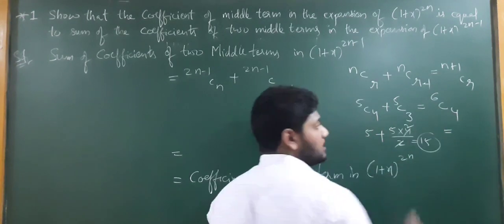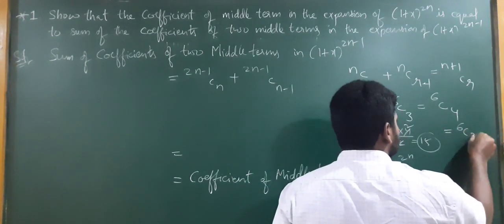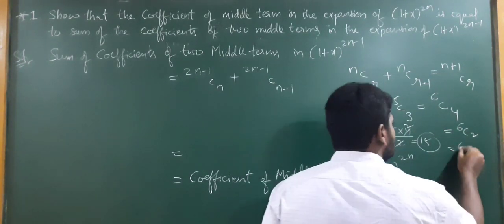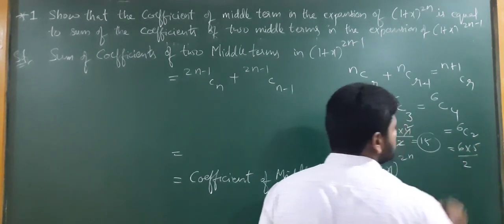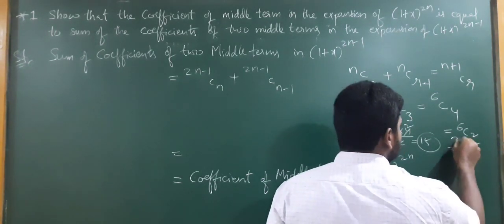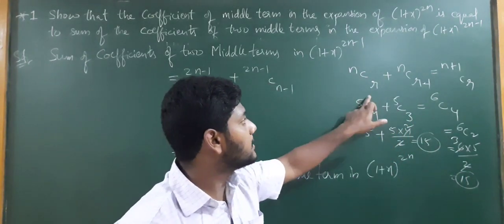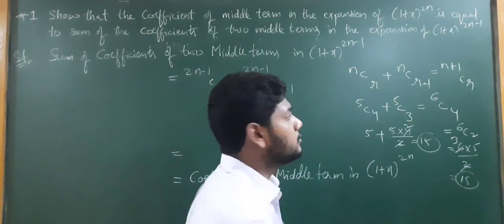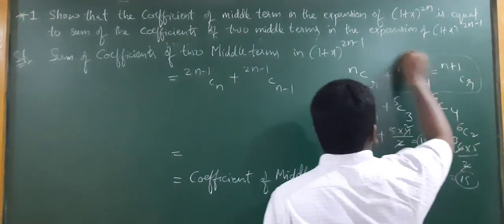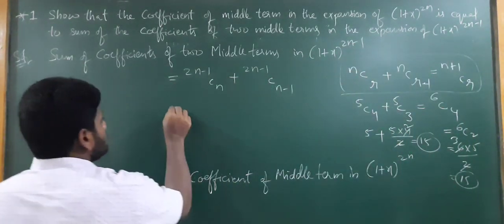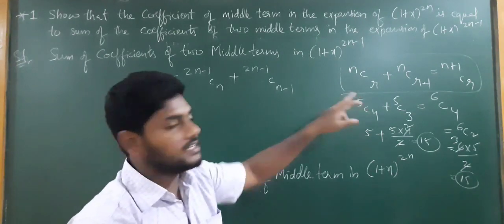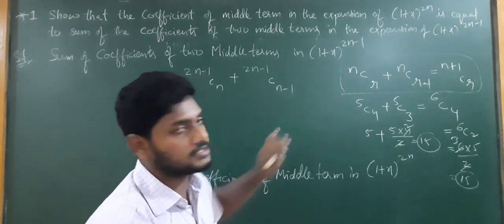And now 6C4 is also equal to 6C2. What is the value of 6C2? 6 into 5 by 2, 2 ones, 2 threes, which is also equal to 15. That means nCr plus nC r minus 1 is equal to n plus 1 Cr.